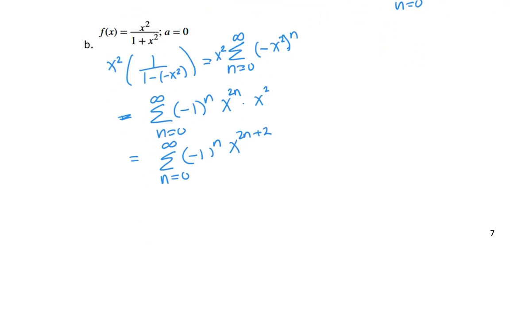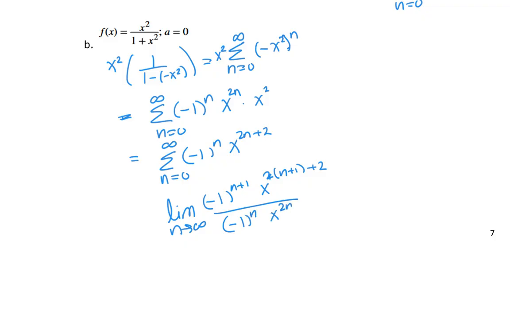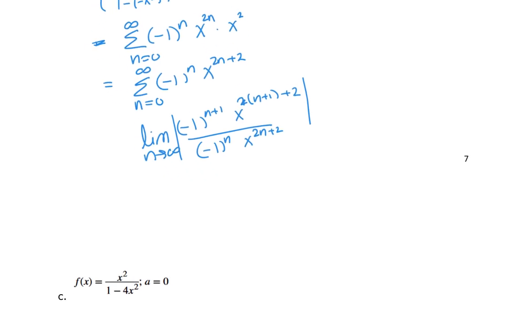Now I'm ready to do the limit as n goes to infinity of negative 1 to the n plus 1, x to the 2n plus 1 plus 2 over negative 1 to the n, x to the 2n plus 2, absolute value.